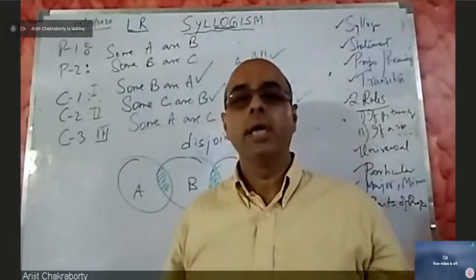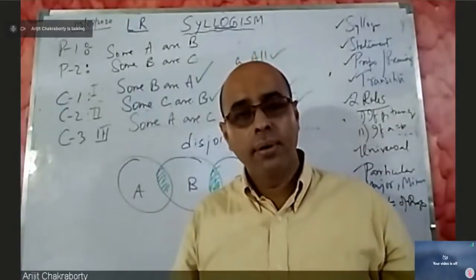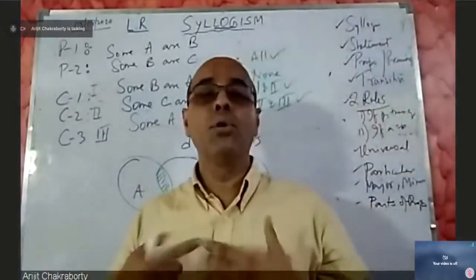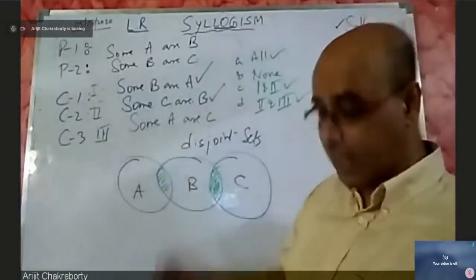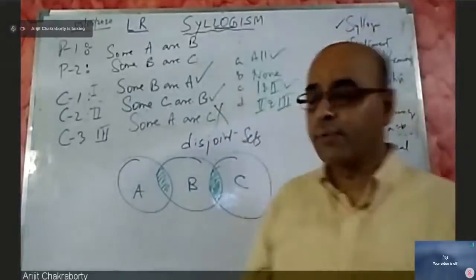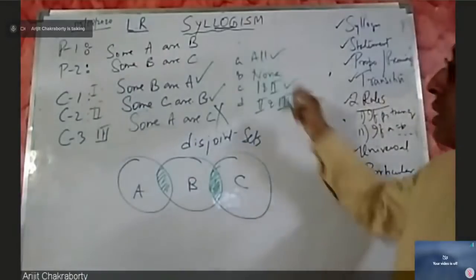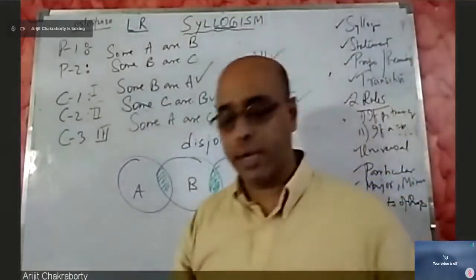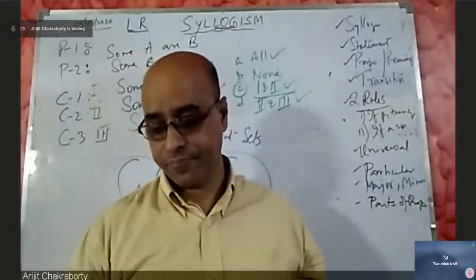They are disjoint, not connected, no common part. Therefore, A and C have no common area. So the third conclusion, some A are C, is not correct. Therefore, out of the four options, option C is the correct answer. Only conclusions 1 and 2 are correct. Conclusion 3 is not correct.